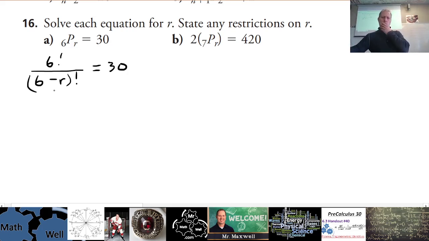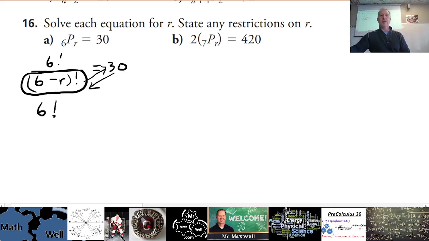So what we can do is figure out what this whole thing must equal, because I can't really isolate r or simplify it too much. If I multiply both sides by 6 minus r factorial, and then divide both sides by 30, I could get at least this quantity right here by itself. So this is the way I would probably tackle this.